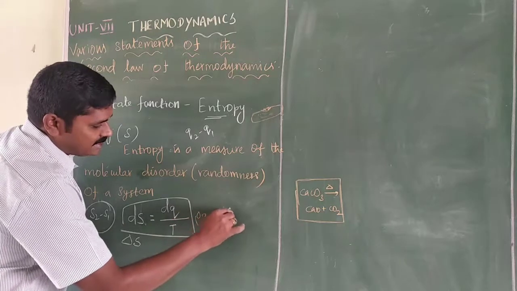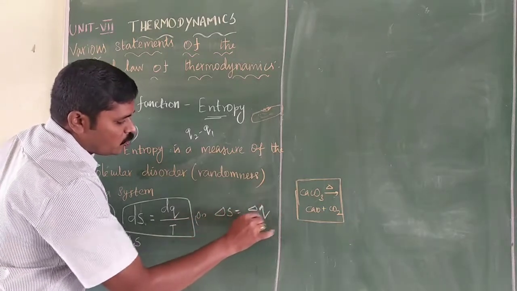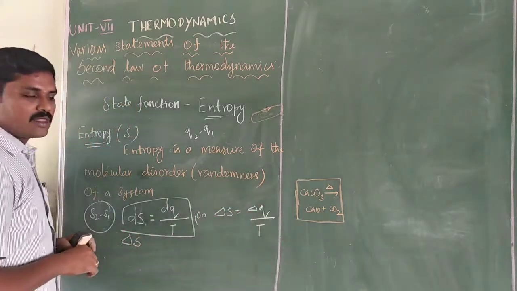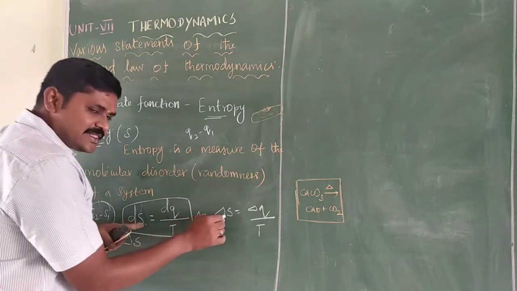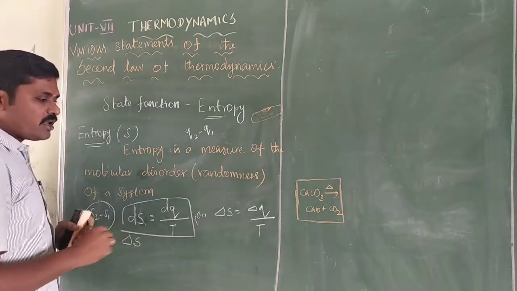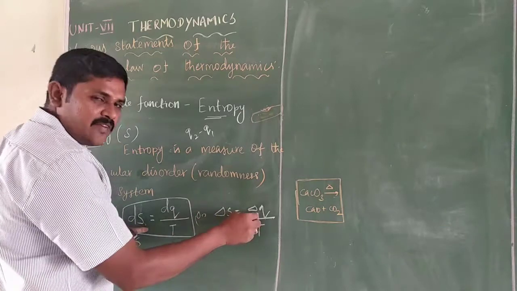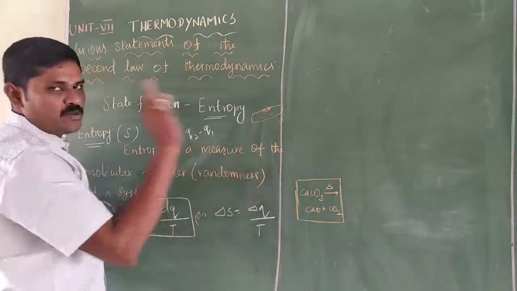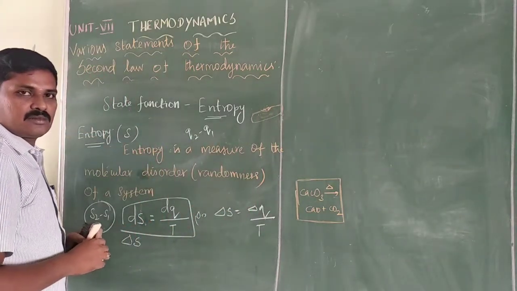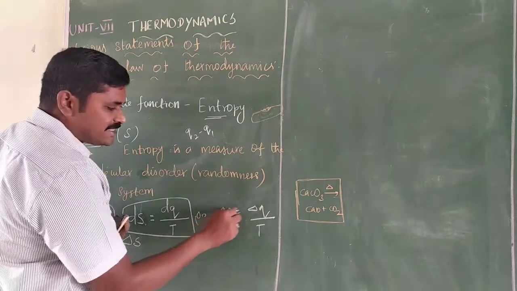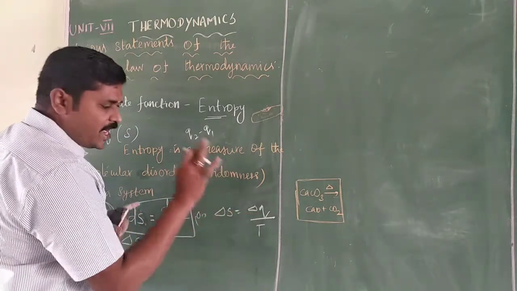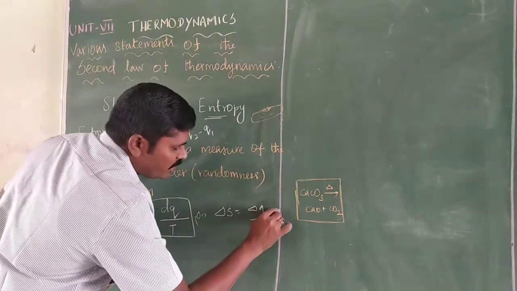Or del S is equal to del Q by T. This relation is valid only for a reversible process.